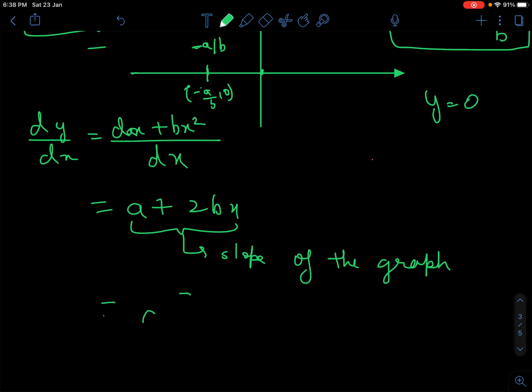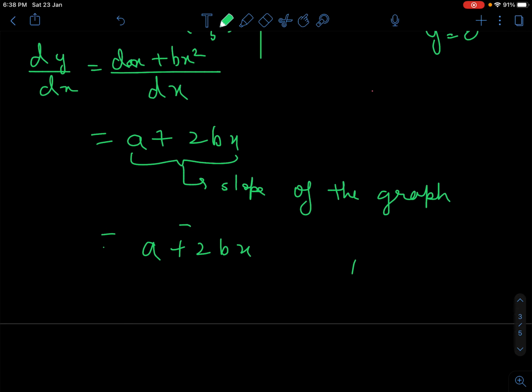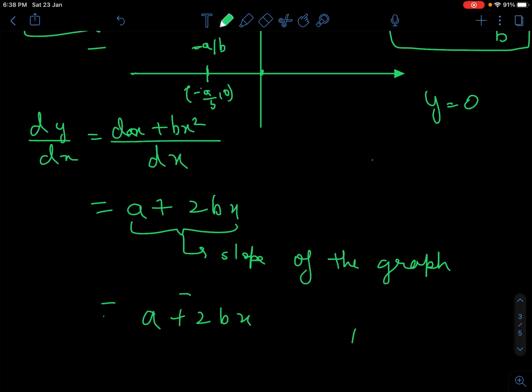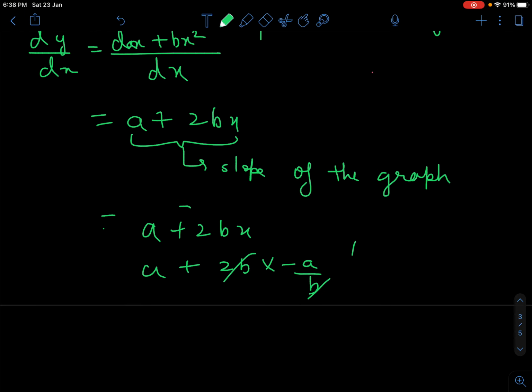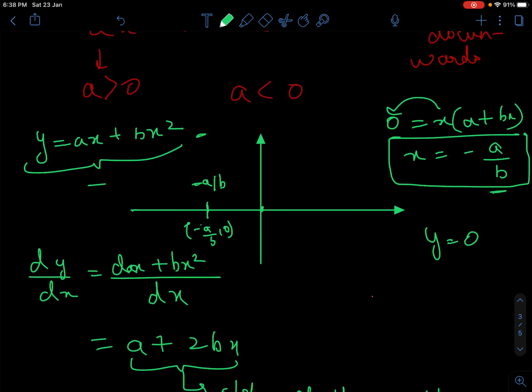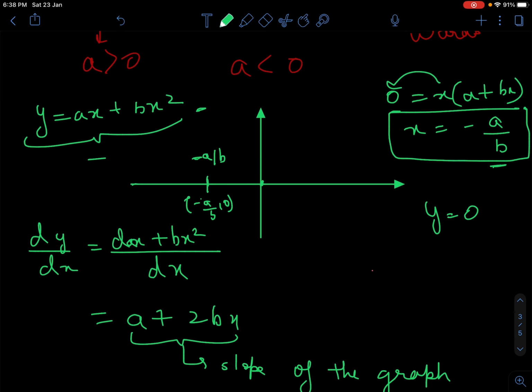Putting x is equal to minus a by b in a plus 2bx, it comes out a plus 2b into minus a by b. The b cancels, so it becomes a minus 2a, which is minus a. So the slope is negative there.